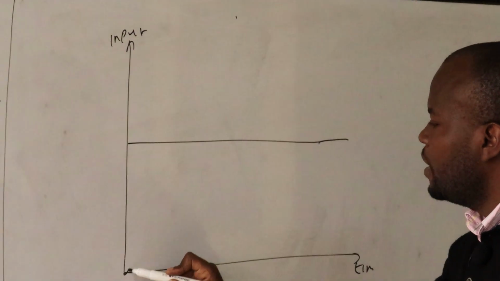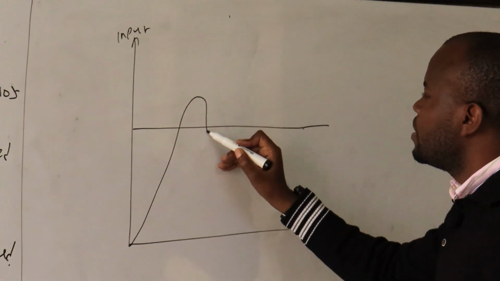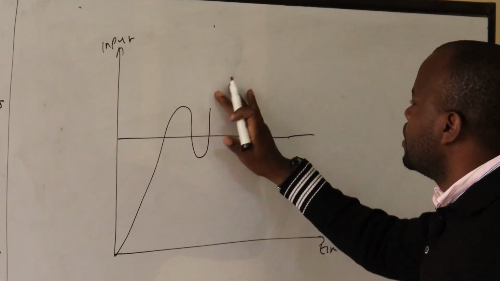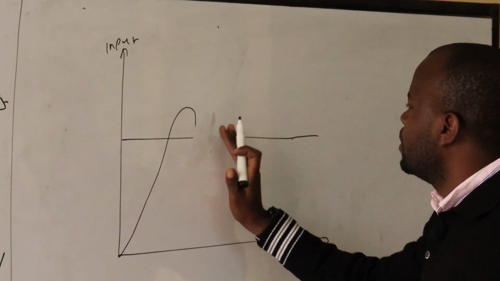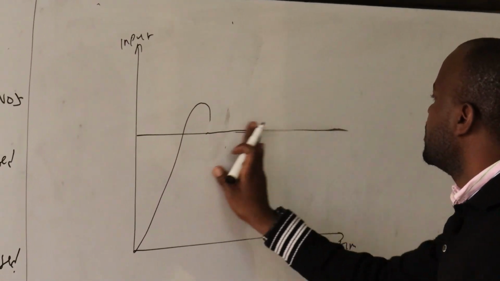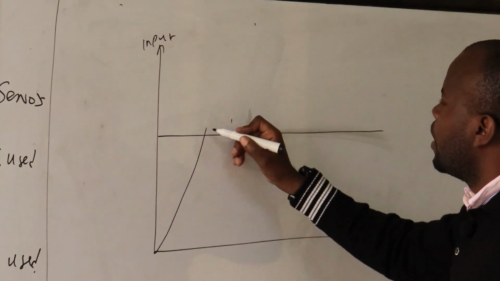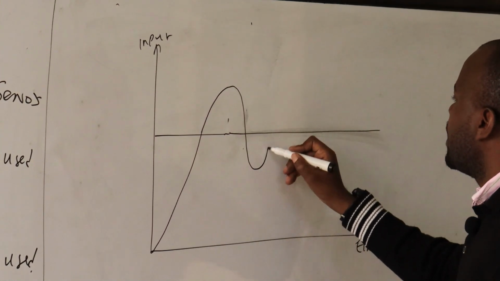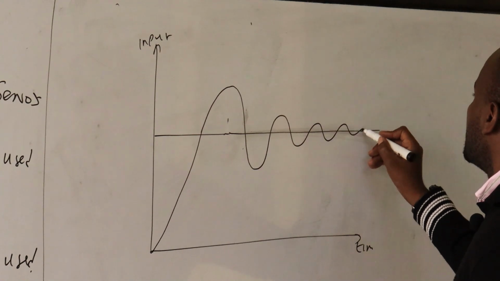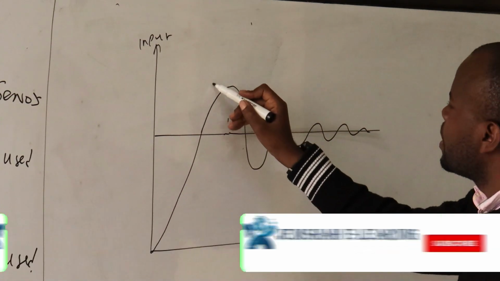It oscillates reducingly: it starts with the bigger one, then the smaller one, and with time it will diminish. We can call that number 1.